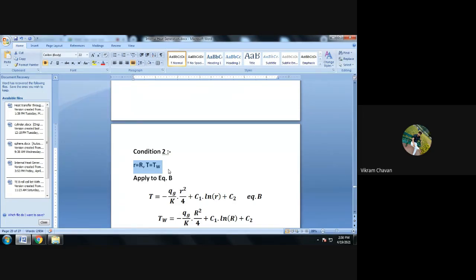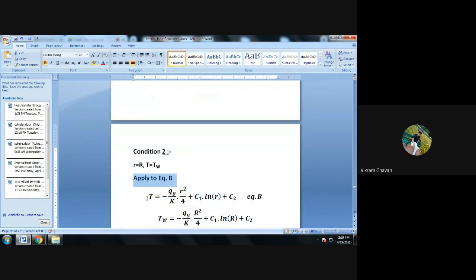Small r becomes capital R, at that time T becomes TW, and we have to apply this particular condition for equation number B.